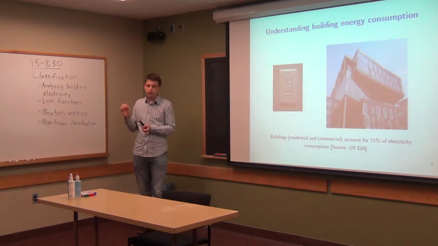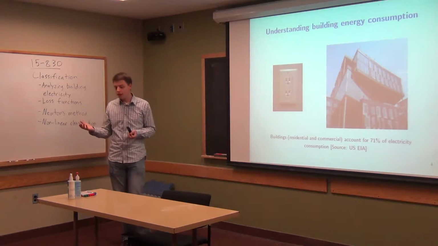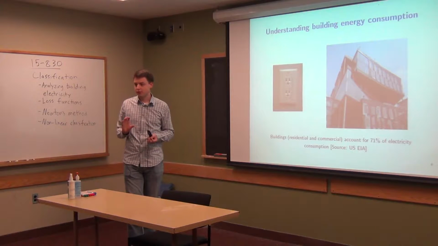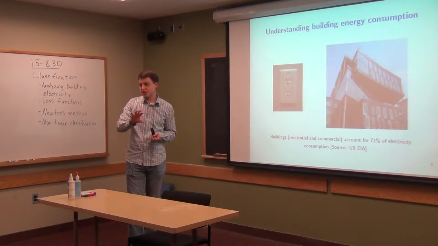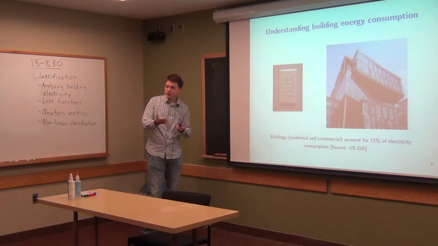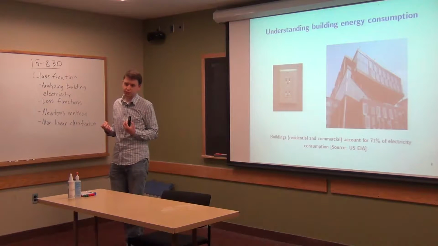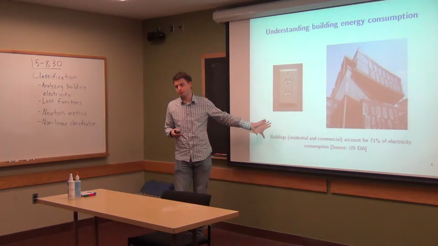What's very useful for homeowners or building managers is an actual breakdown of the different types of usage, say by device. If you could say this much power is going to your refrigerator, this much to your air conditioner, that can be very valuable for understanding your consumption and then using that to reduce it.